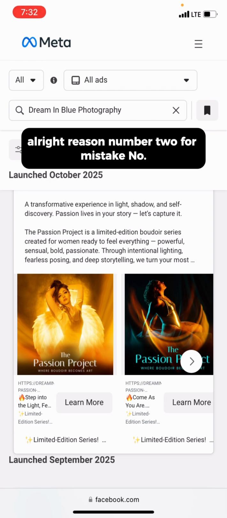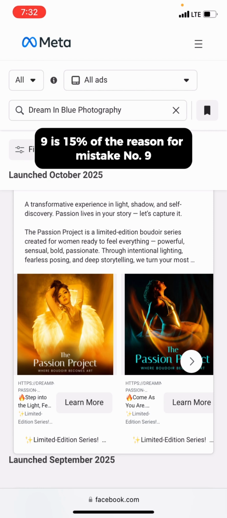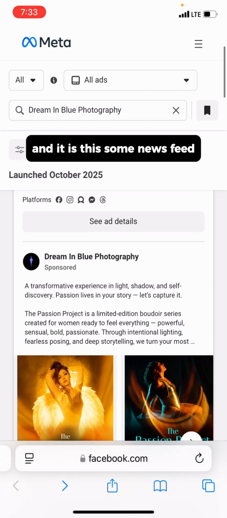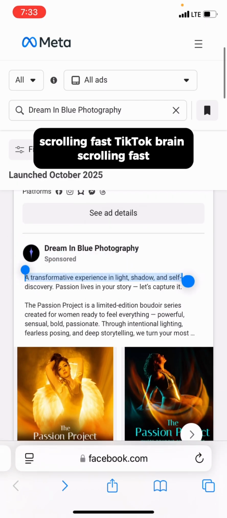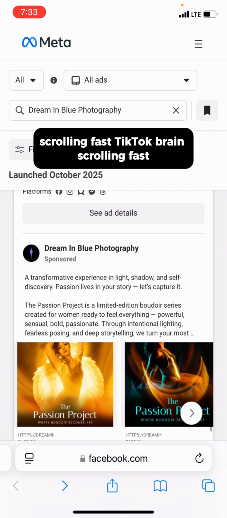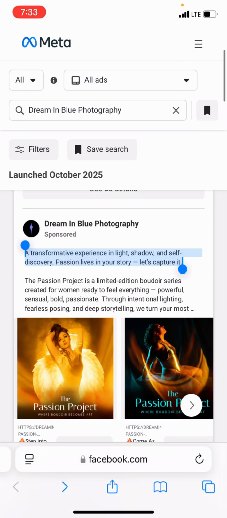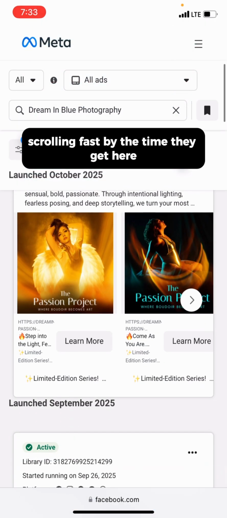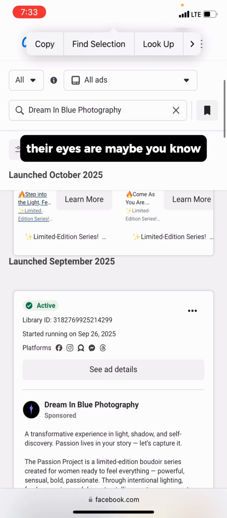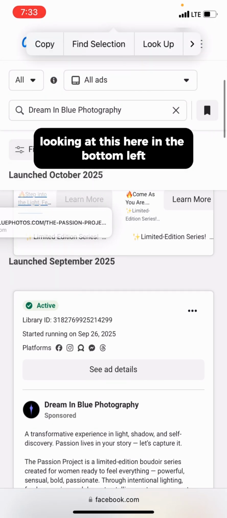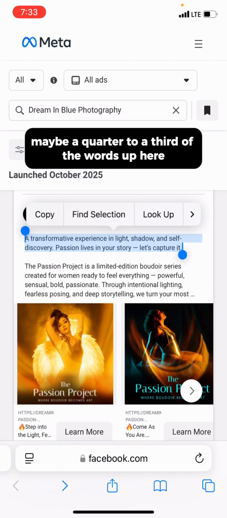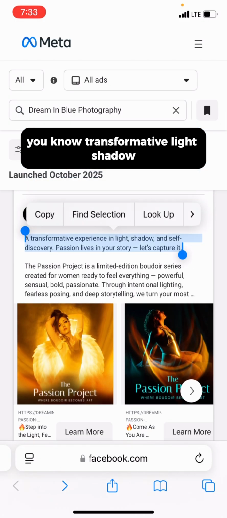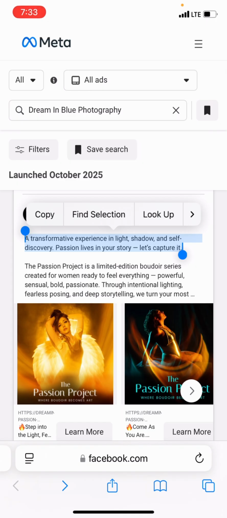All right, reason number 2 for mistake number 9, which is 15% of the reason, is newsfeed psychology. Women are scrolling fast, TikTok brain. By the time they get here and their eyes are maybe looking at the bottom left, their subconscious has processed maybe a quarter to a third of the words up here: transformative, light, shadow, passion, capture.